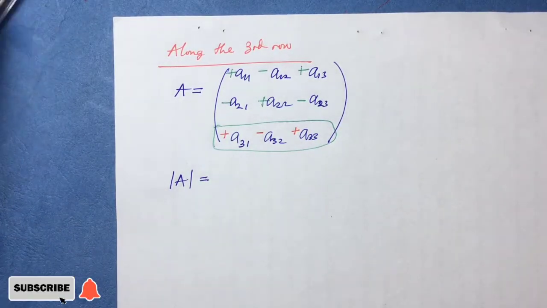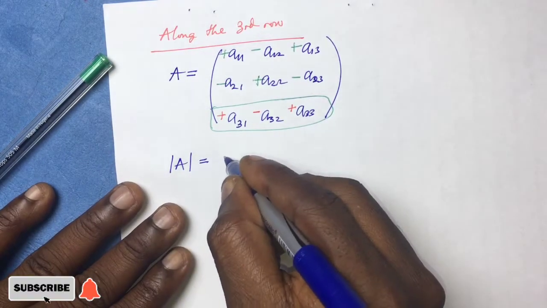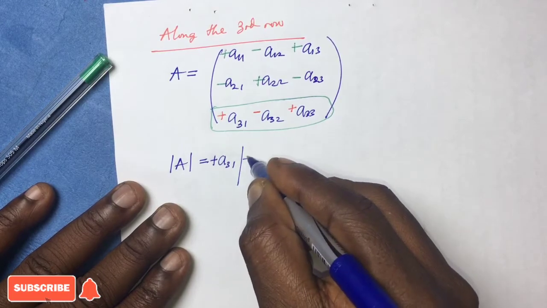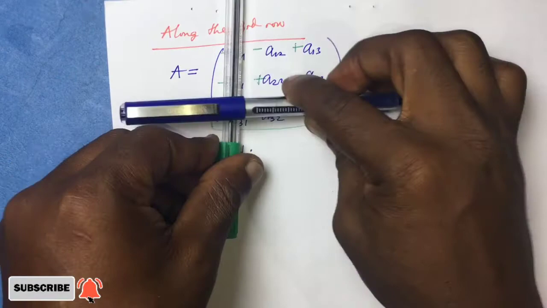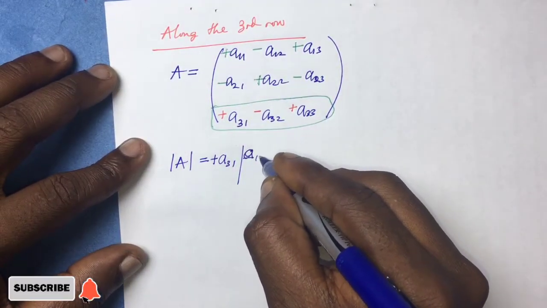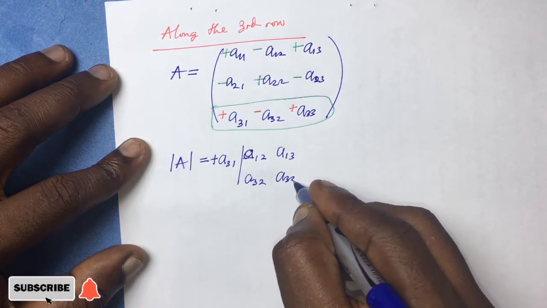So, let's see. That will now be, you bring A31, because it is a positive here, times its minor. The minor of A31 will be this. Okay, after crossing it out, that will be A12, A13, A32, A33.